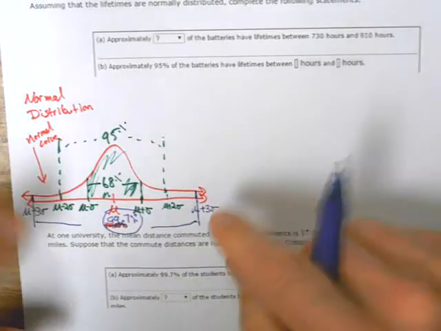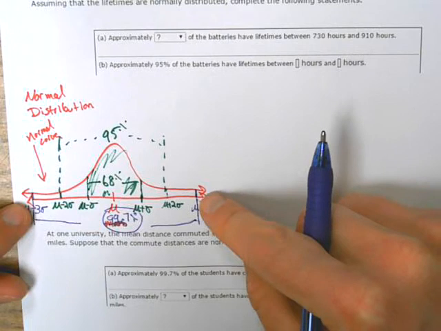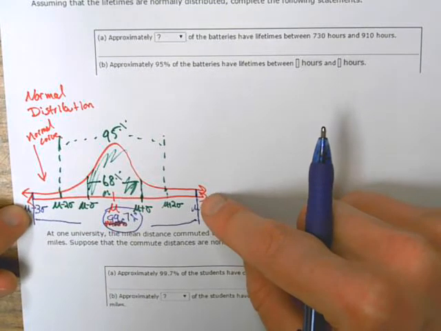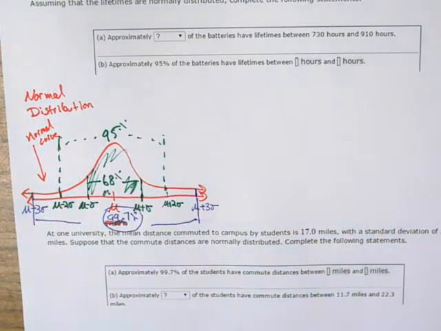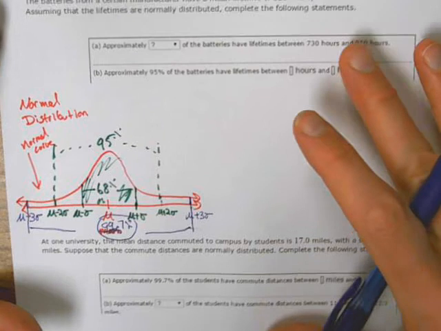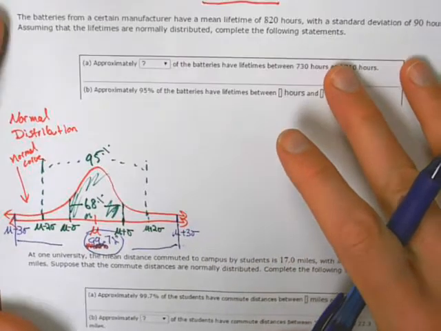So nearly all of your data has to be between 3 standard deviations plus or minus from the mean. So this is going to be the picture that generates everything that we do in these problems. So it's going to be important to keep that in mind.